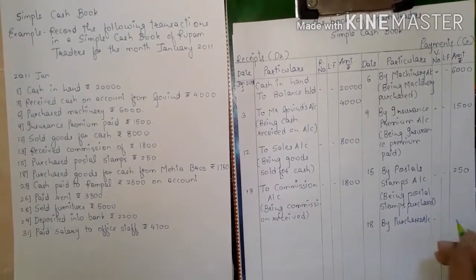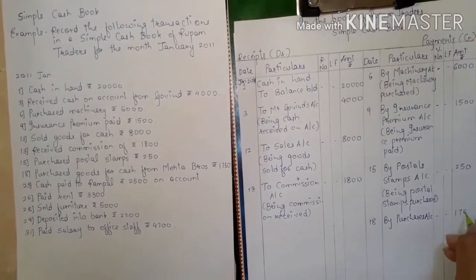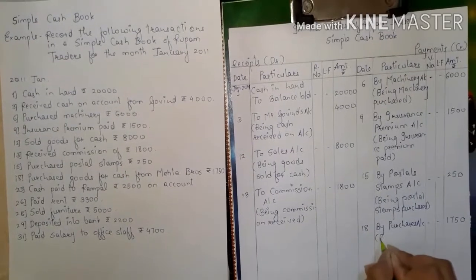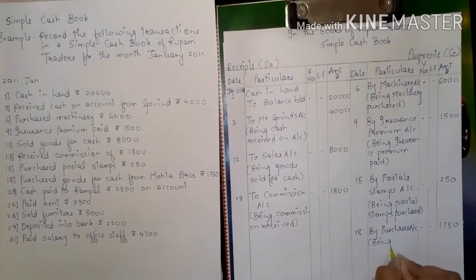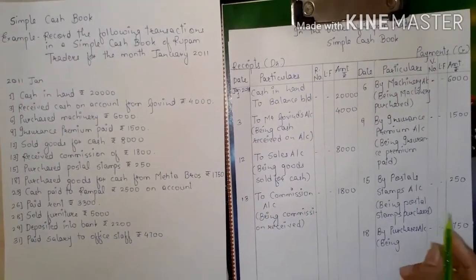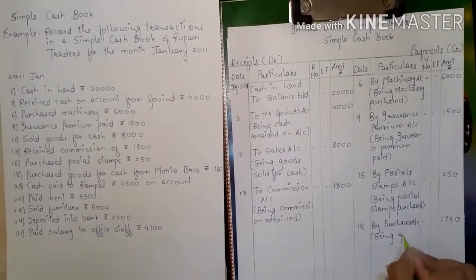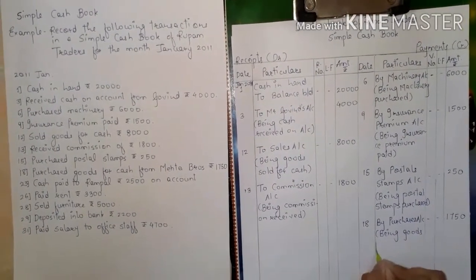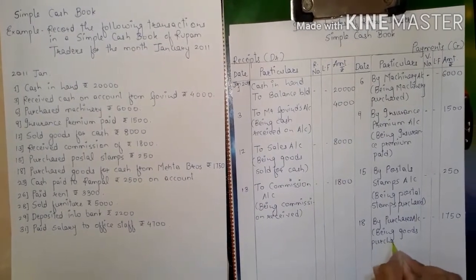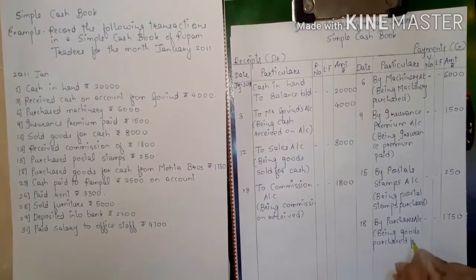Rupees 1,750. Narration, being goods purchased for cash.